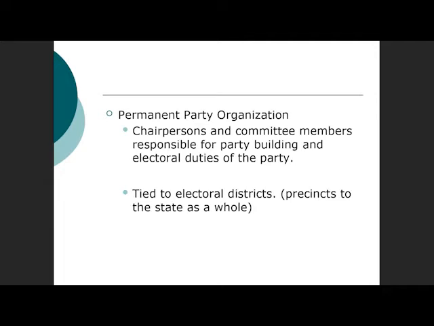Does that make sense? The distinction between permanent and temporary.